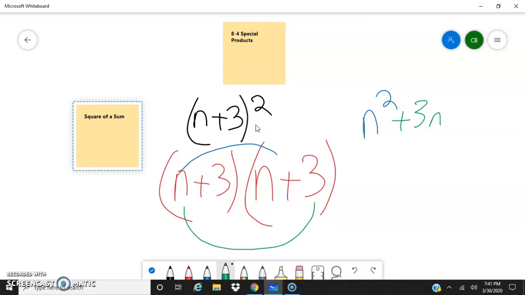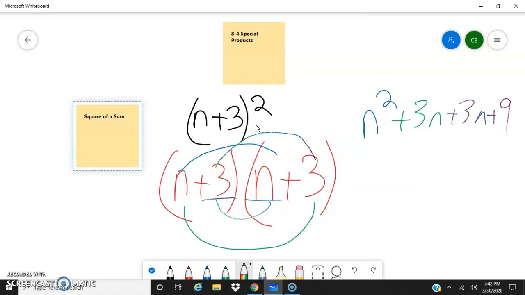Inside, my two inside numbers here, 3 times n is plus 3n. And then finally, last, it's 3 times 3, which is positive 9.